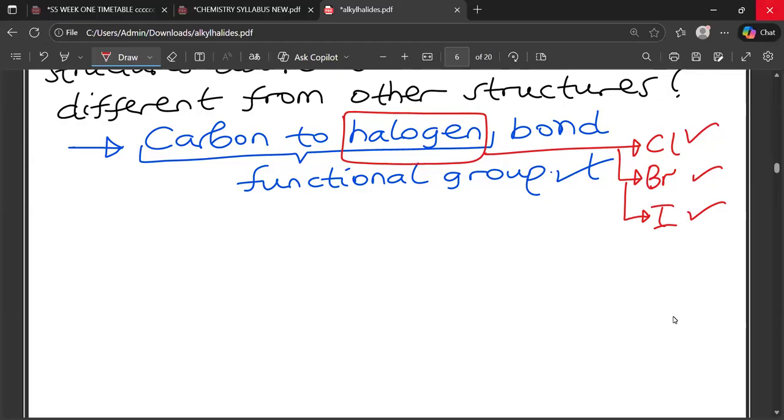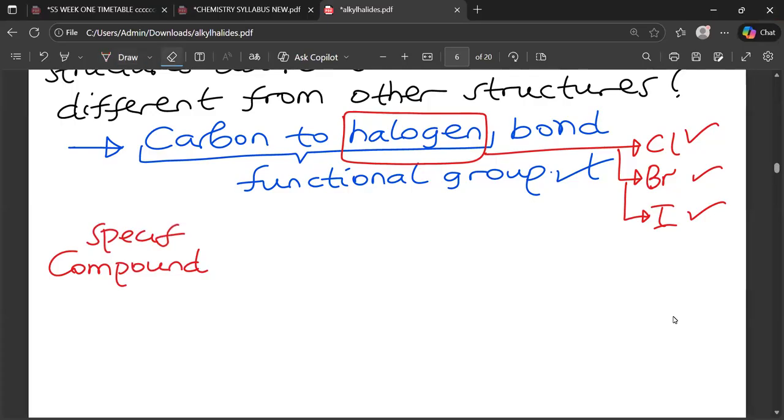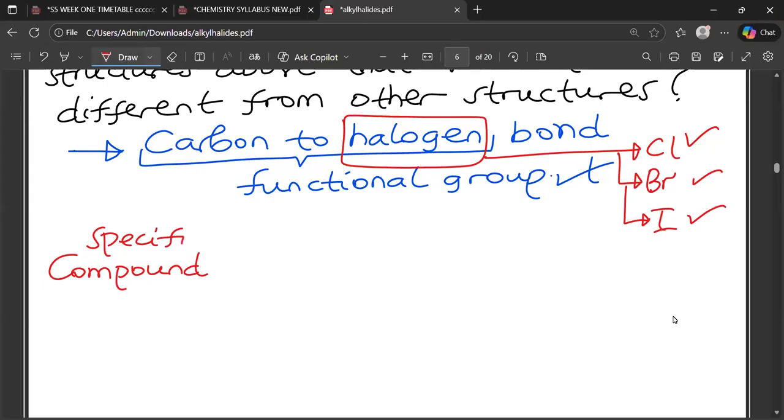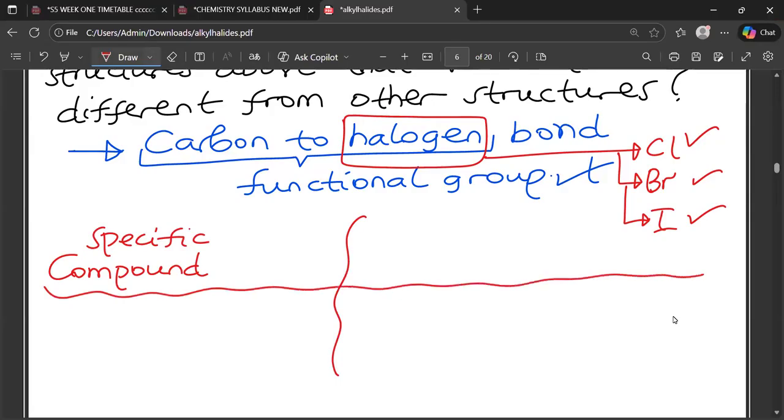So if maybe I'm going to put here specific compound, then here I will say functional group. Get the point? I'll put here my specific compound, then here I will have the functional group.